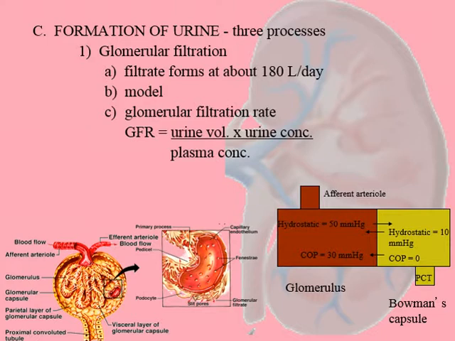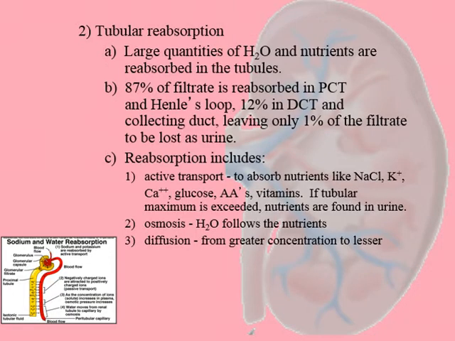So the next process is tubular reabsorption. The reabsorption of these substances, water certainly, but also nutrients that we need. Okay, so the way that this system works is we dump pretty much everything into the filtrate and then we pull back what we want, what's vitally necessary.